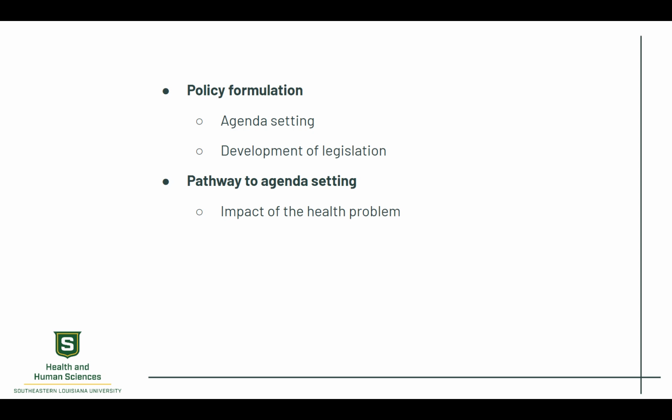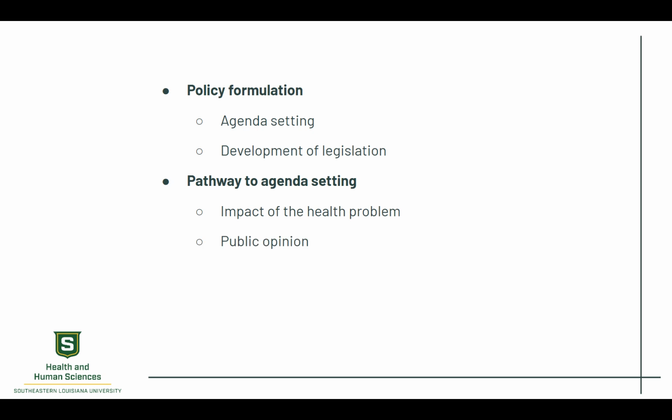For instance, when COVID became a pandemic, it had to become the forefront of any policy making, because of how many people it was affecting and the severity with which it affected them. So the impact of the health problem does decide what gets into agenda setting.